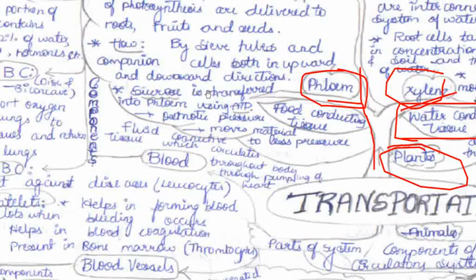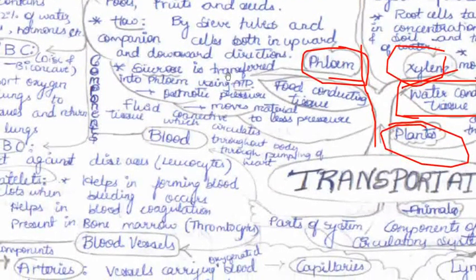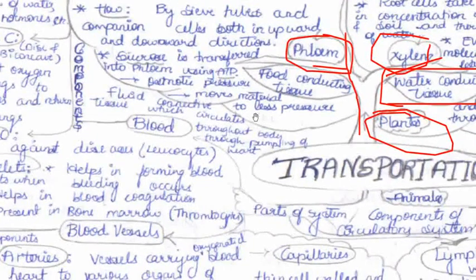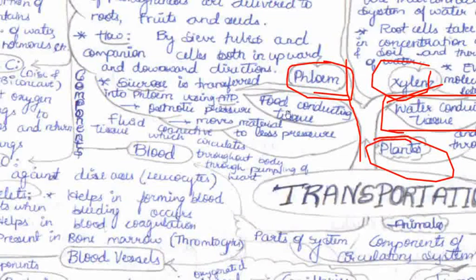And how is sucrose transferred? It is transferred into phloem using ATP. As we have studied, it is an energy currency. As sucrose is transferred into phloem, osmotic pressure is created in the plants, and this osmotic pressure will move the material to less pressure. As we have studied, there is the osmosis process.